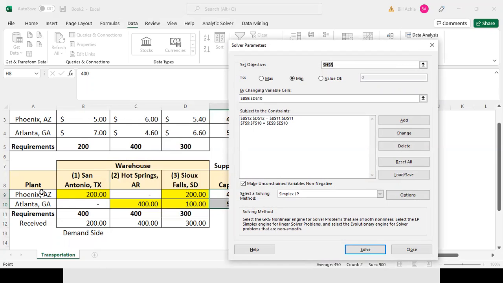So I'll look at these constraints here and see what makes sense. We had 900 units in Phoenix and Atlanta. Because that's less than what's demanded by the customer, let's ship everything that's there. So this right here stays the same. But when it comes to the receiving side, we're going to tweak this a little bit.